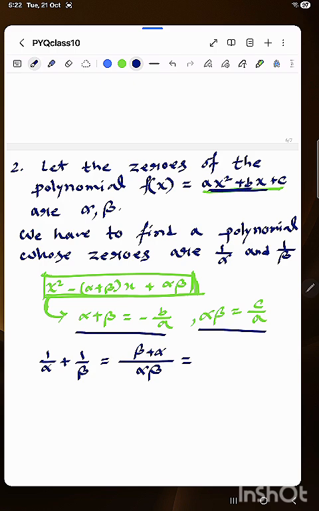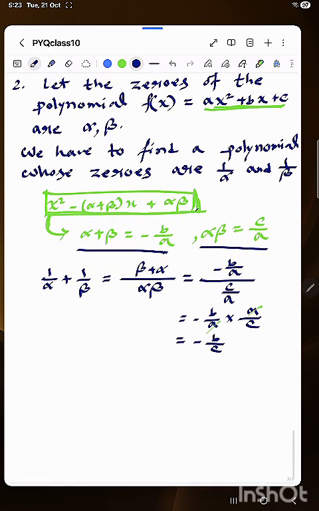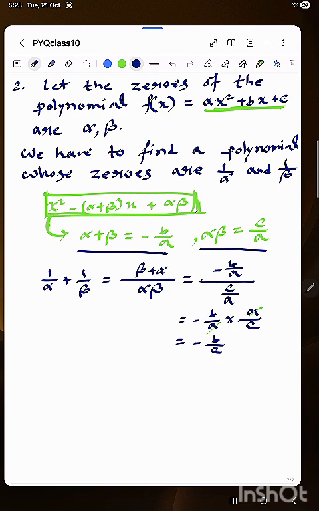We got that formula, alpha plus beta equal to minus b by a. So here I can write minus b by a, and alpha beta is c by a. So minus b by a into a by c, we can cancel out a, so we are left with minus b by c, right? So we got 1 by alpha plus 1 by beta.